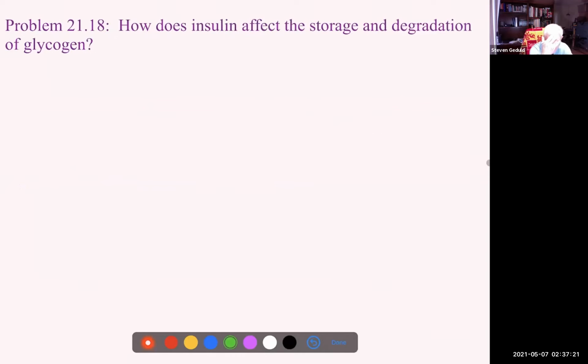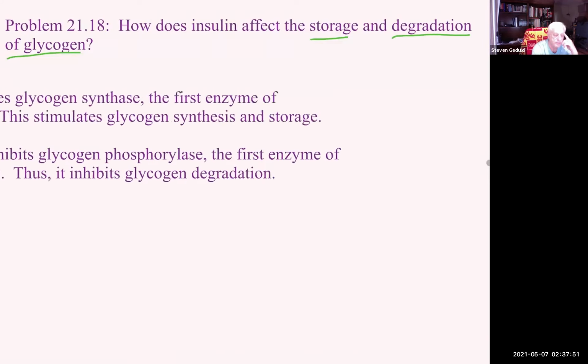How does insulin affect the storage and degradation of glycogen? Exact opposite. Insulin is released in response to high blood sugar levels. Insulin reduces the amount of sugar in the bloodstream. It increases the storage or formation of glycogen and decreases glycogenolysis, the breakdown of glycogen.